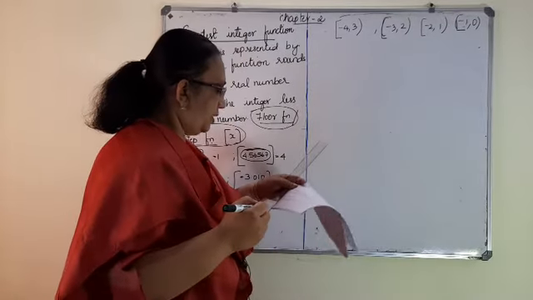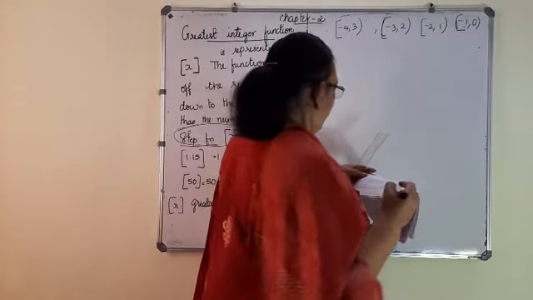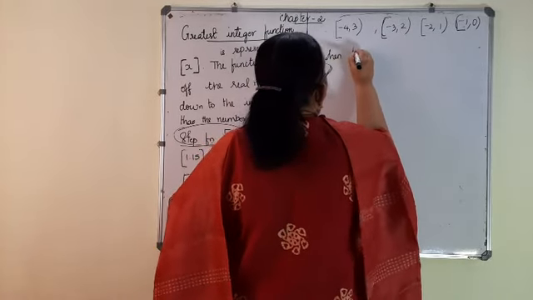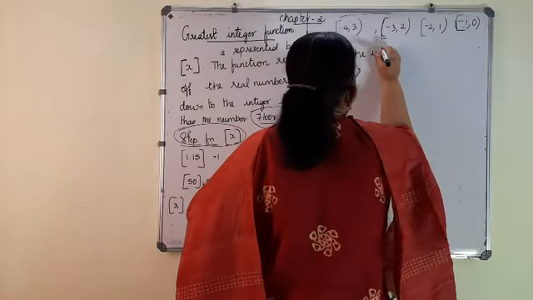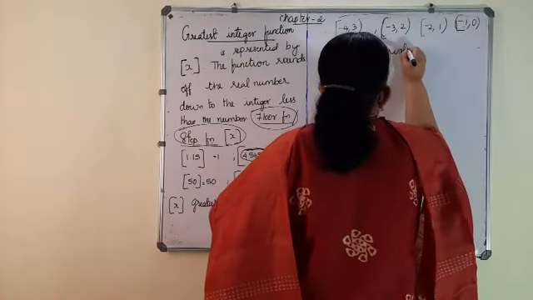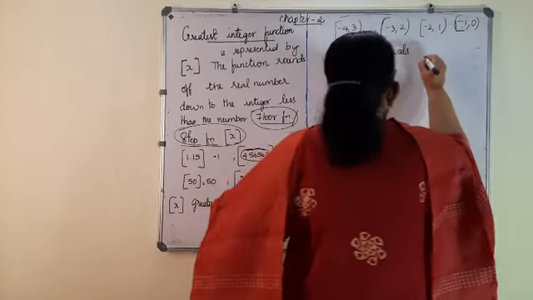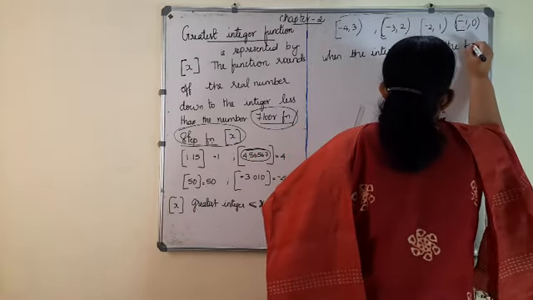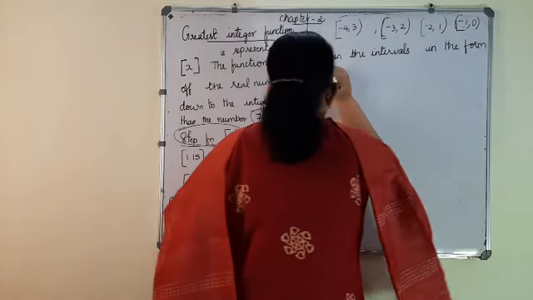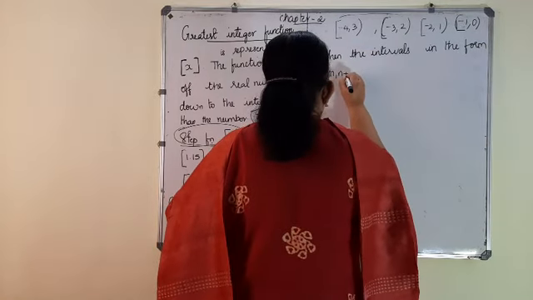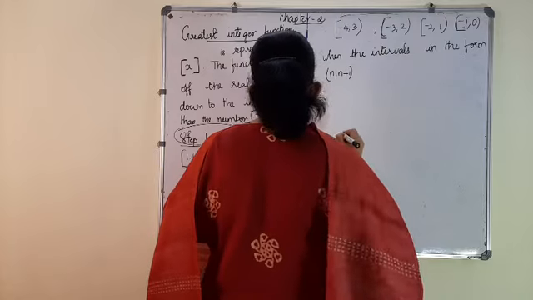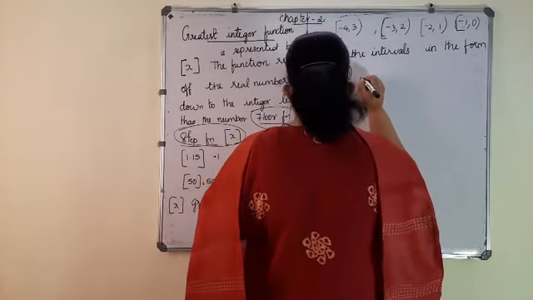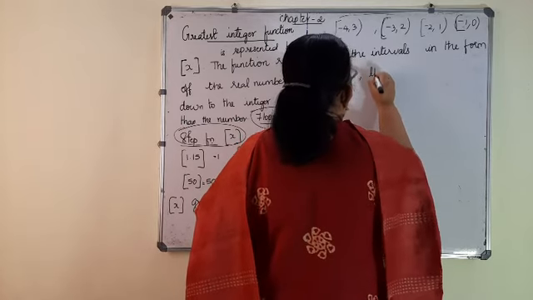When the interval is of the form n to n plus 1, the value of the greatest integer is n.